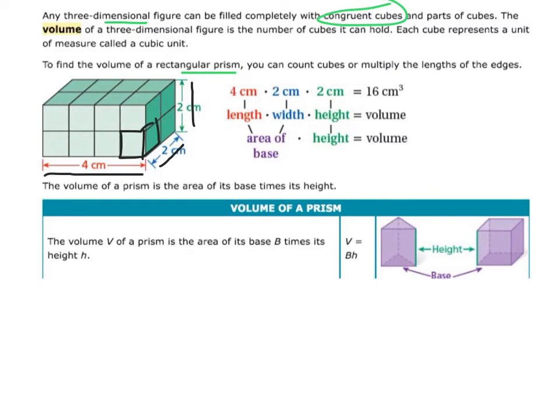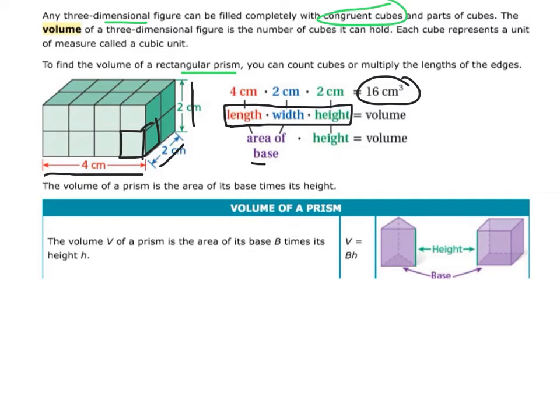Well, if it's 2 units wide and 4 units long, one floor of this is 8 cubes, but it's 2 units tall. So it would be a total of 16 cubes that fit in it, 16 cubic centimeters. We found that by measuring length times width times height. That's the formula to find the volume of a prism.